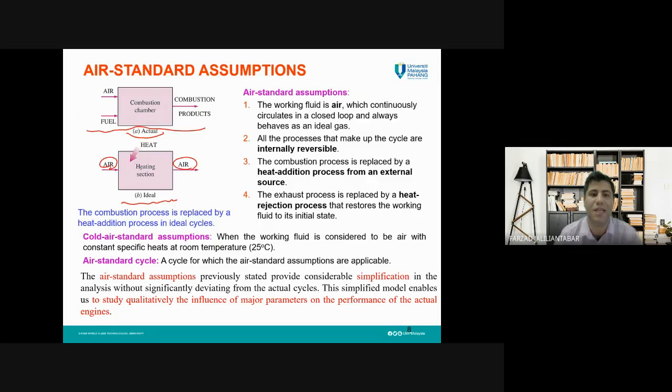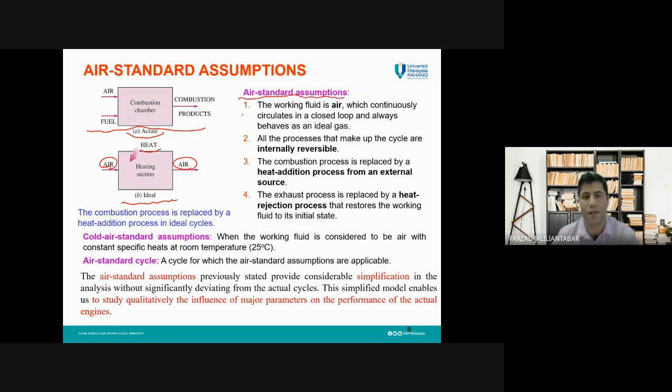Then heat is also input to the system. Instead of heat generation inside the system, we can assume this heat or thermal energy comes to the system. So this is the simplification which we have. This simplification can be defined as the air standard assumption.